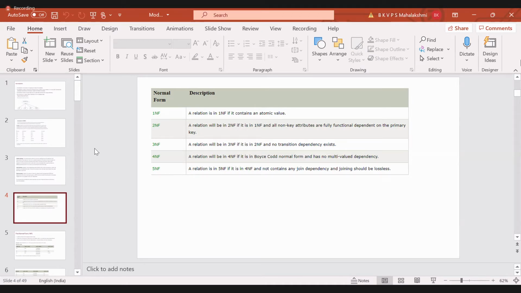Suppose like phone number. Nowadays everybody uses at least two phone numbers. At that time, it is a non-atomic valued attribute. Atomic means it should contain only a single value.